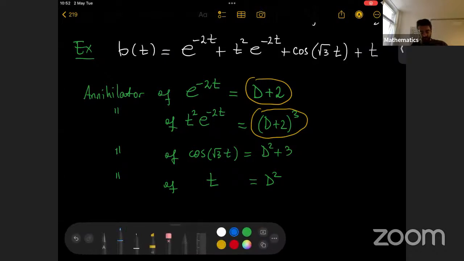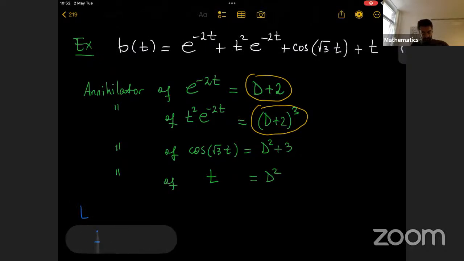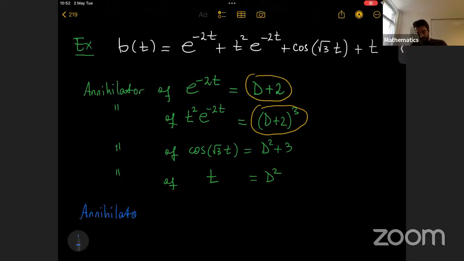So the least common multiple is the annihilator, and let's write the annihilator of b(t) is (D plus 2) cubed times (D squared plus 3) times D squared, right?